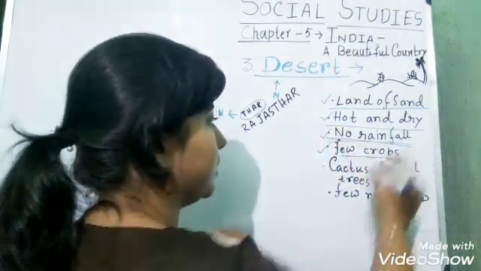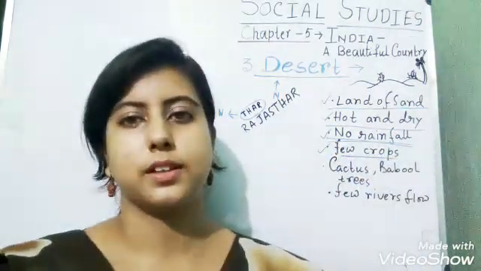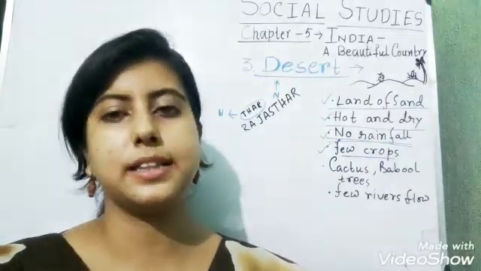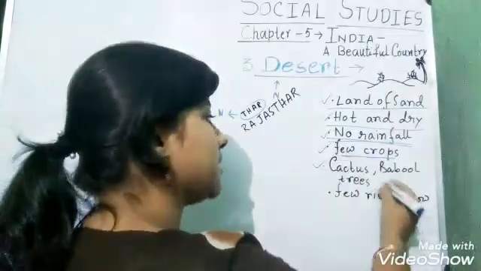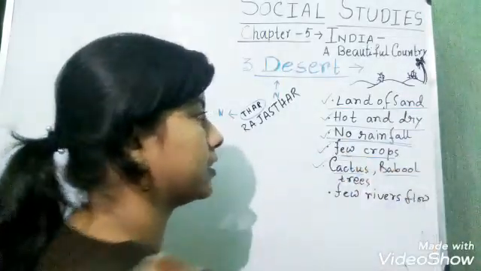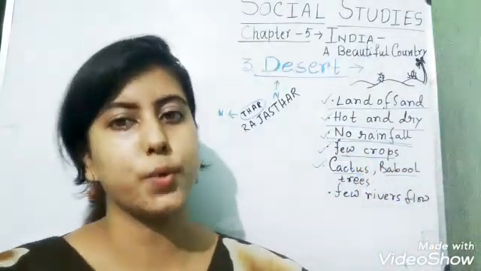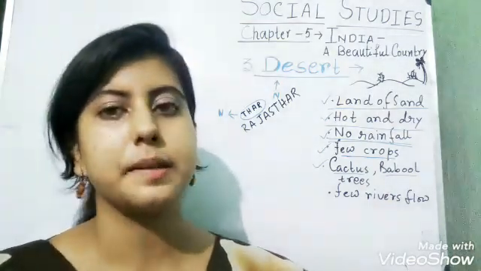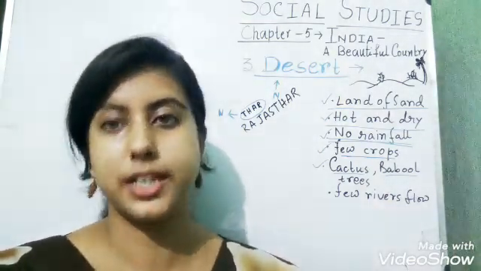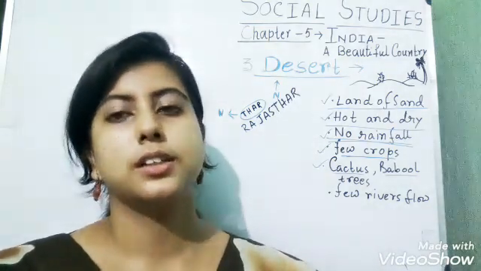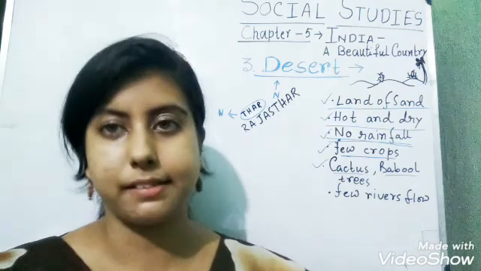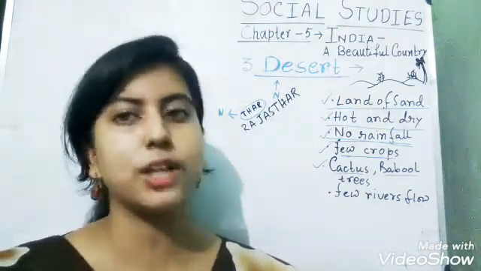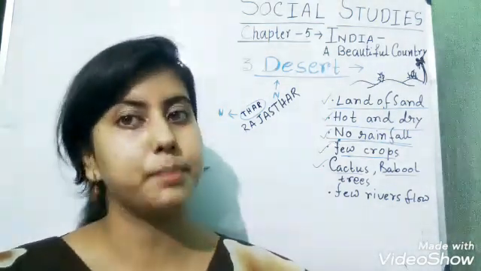As a result, few crops are grown in this area. Some of the special trees like cactus, babul are found here. Not many trees can be found in a desert.